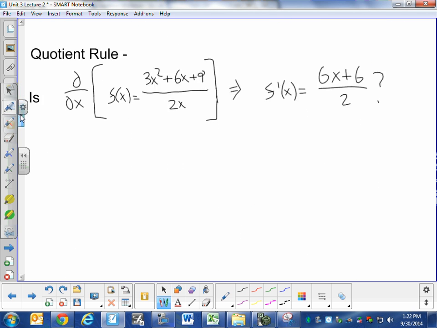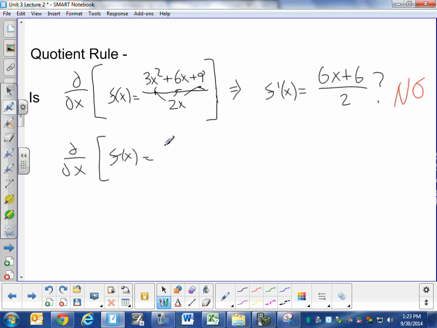Next rule. What do we think? Is the derivative of 3x squared plus 6x plus 9 divided by 2x equal to 6x plus 6, which is the derivative of the top, divided by 2, which is the derivative of the bottom? No is the correct answer. Because we know if I wanted to take the derivative of this, I would first have to split things up and divide each piece by this 2x.